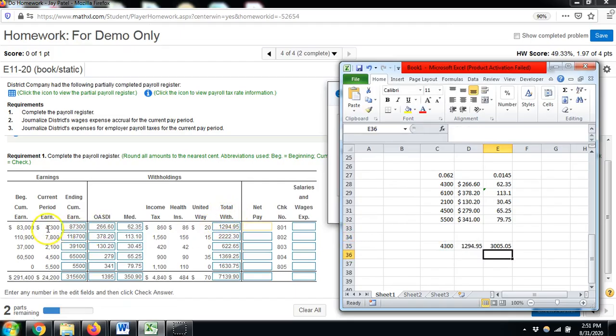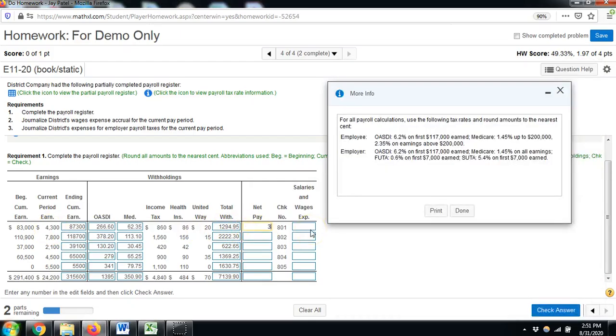What I did was I took this number here minus the total withholdings, and I got 3,005.05. And so I'm just going to do the same thing. I'm going to take this minus this, this minus this, and so on.